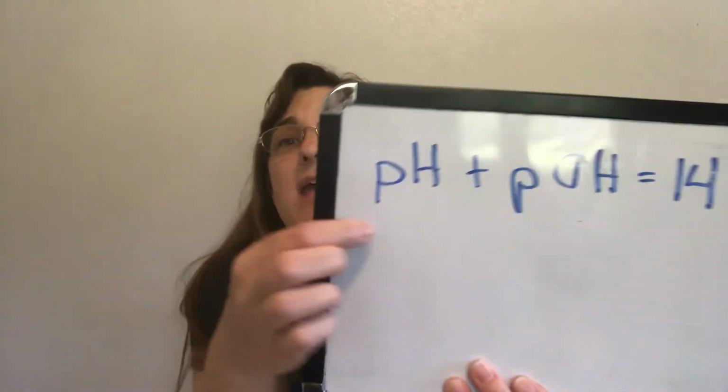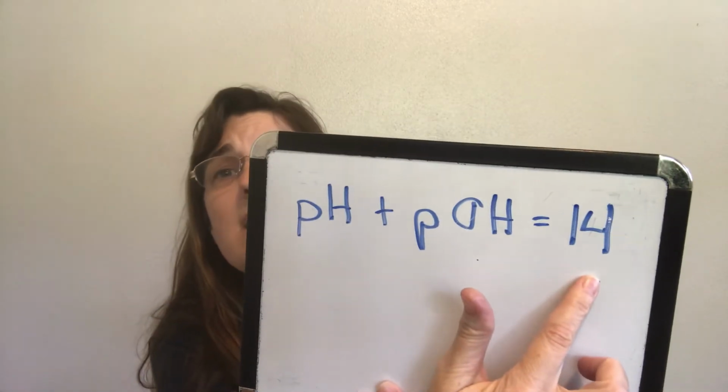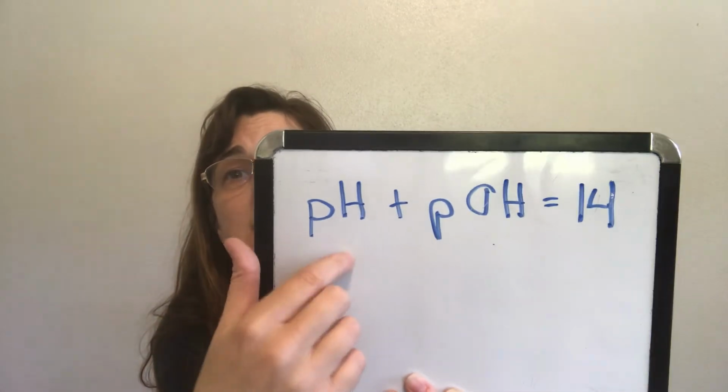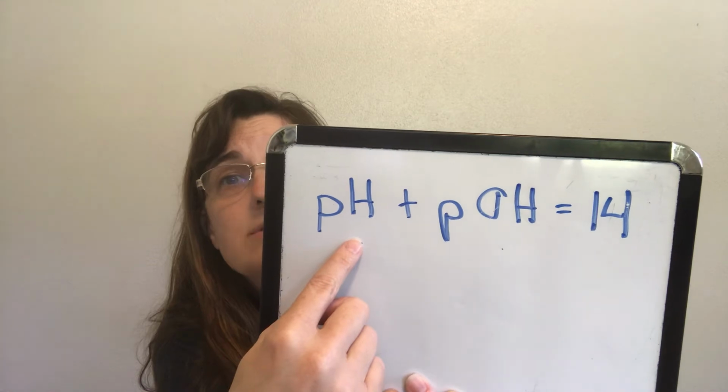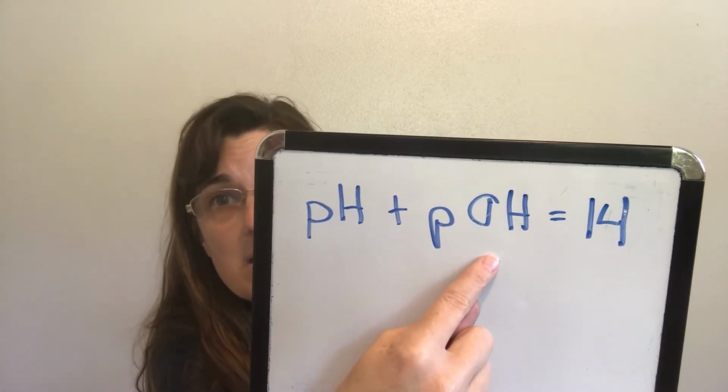All right, so another thing to think about is the fact that the pH plus the pOH is always equal to 14. Okay, so the pH is a measure of the hydronium ion concentration. The pOH is a measure of hydroxide ion concentration.